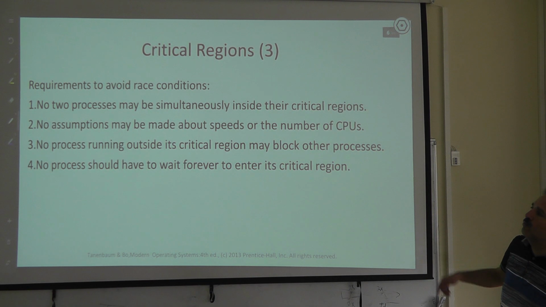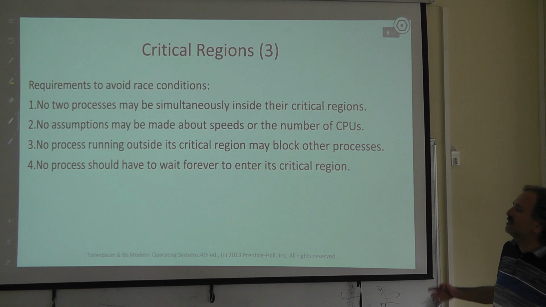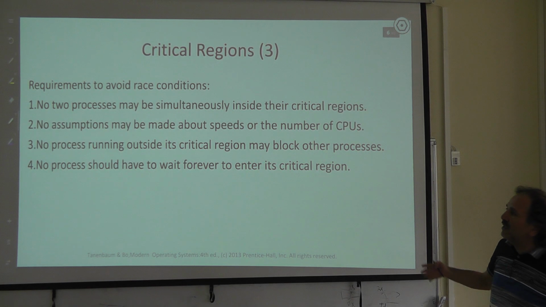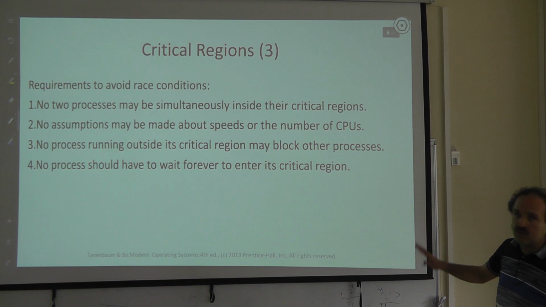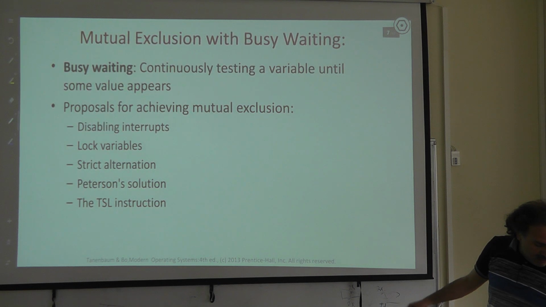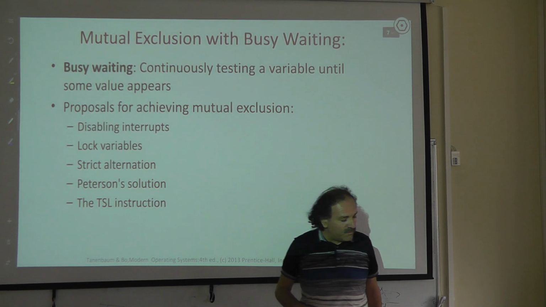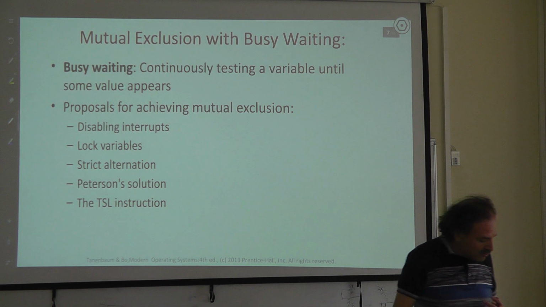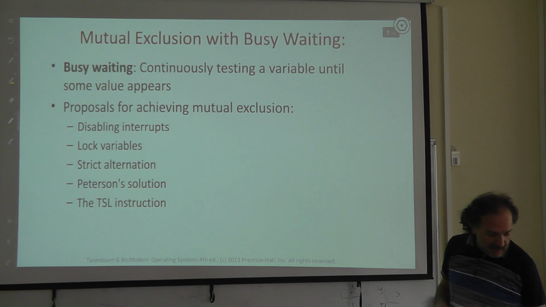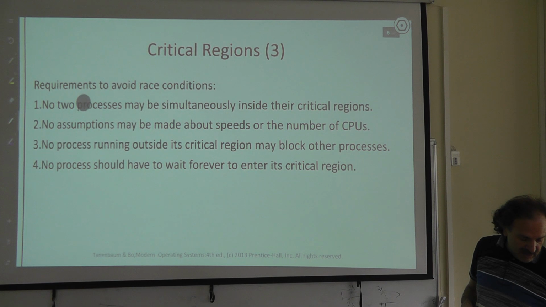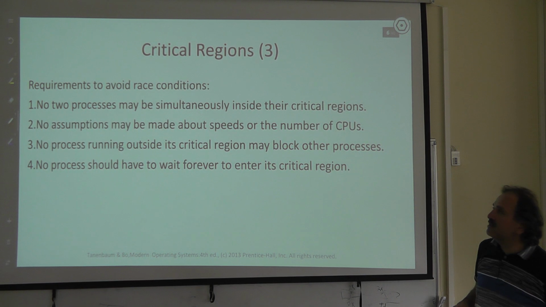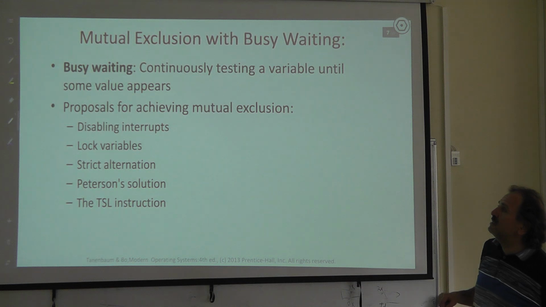We said that no two processes can be simultaneously inside the critical region. This was the most important, but there were some other rules too. So I will not go over them. You already know them, and we said that one of the most primitive ways of achieving the number one requirement, no two processes may be simultaneously inside the critical region, is busy waiting.